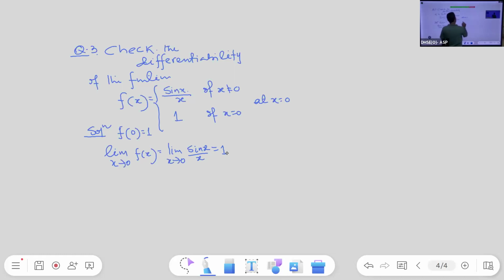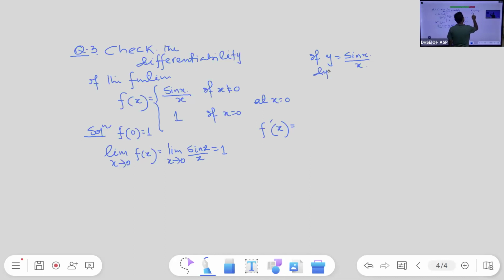So f dash x is equal to the derivative of sin x by x. If y is equal to sin x by x, then how to calculate dy upon dx?